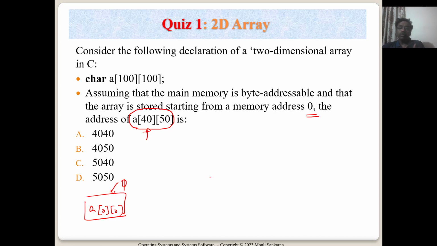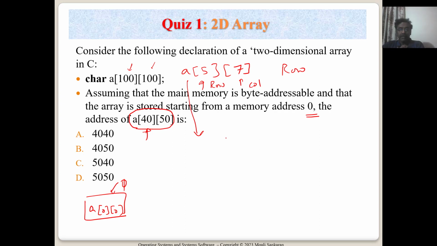First of all, you have to remember that it is row major. You are lucky that both row and column numbers are the same. Suppose I assume a[5][7], where this is the row and this is the column. Row major means, let me take this example because I am giving two different values, 5 and 7.